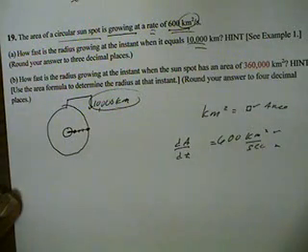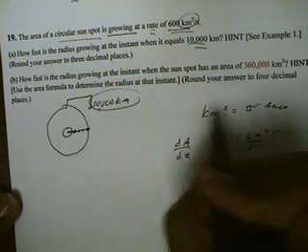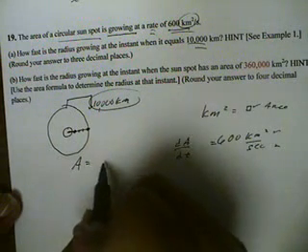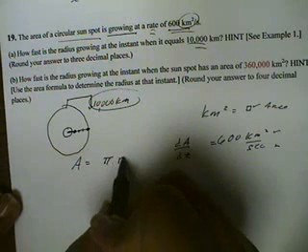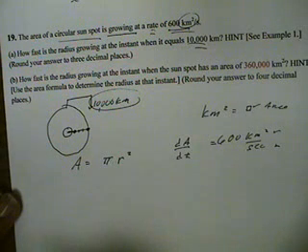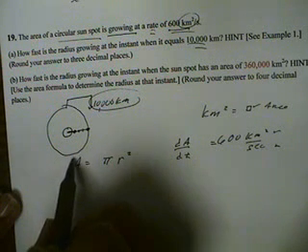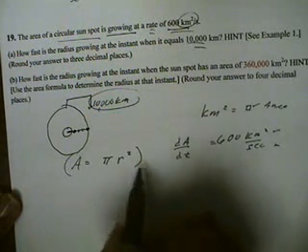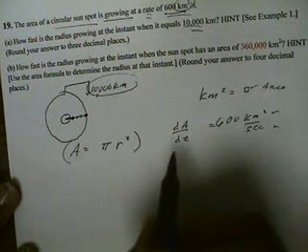So in order to get that, let's start off with the area formula for this circle. Area equals pi times the radius squared. And I'm going to take a derivative of this with respect to t.